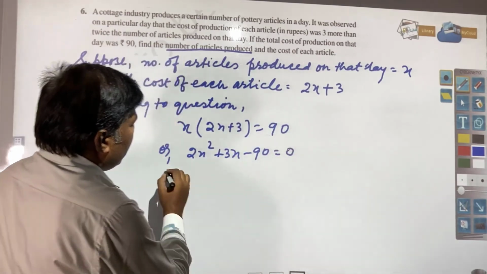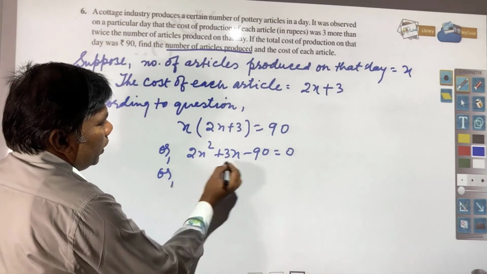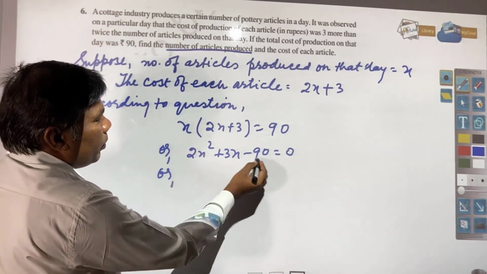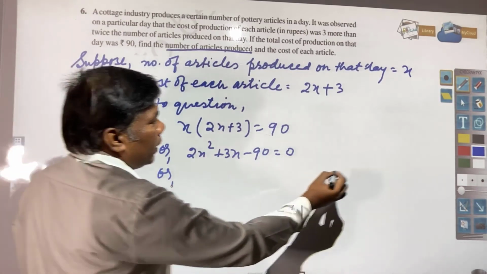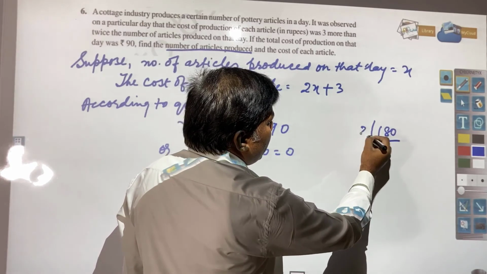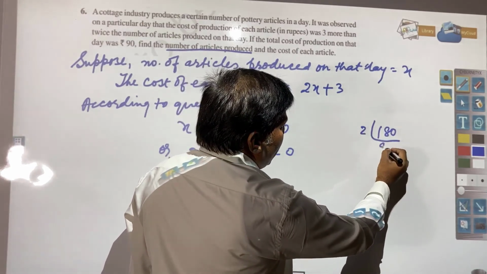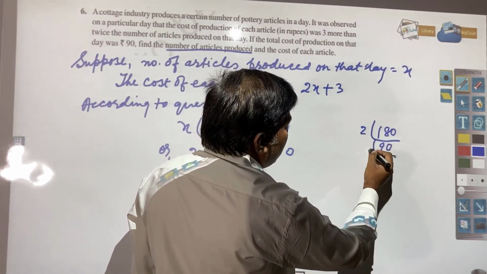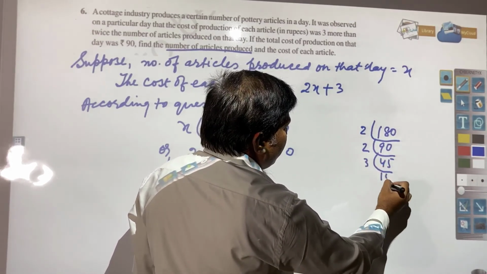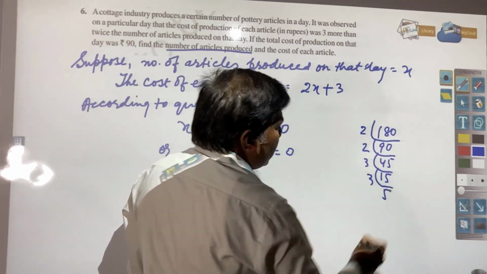Or you will get 2x square plus 3x minus 90 is equal to 0. If this is required to be split, 2x square plus 3x minus 90, 2 into 90 is equal to 180. When you are factorizing this, what will you get? 2 9 18, 2 5 10... 3 5 15.